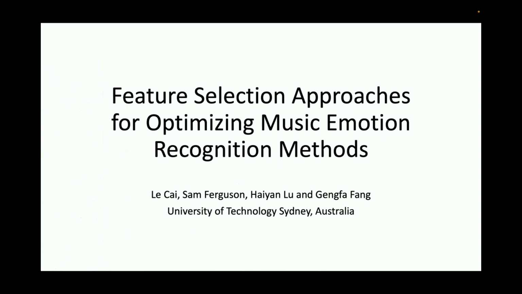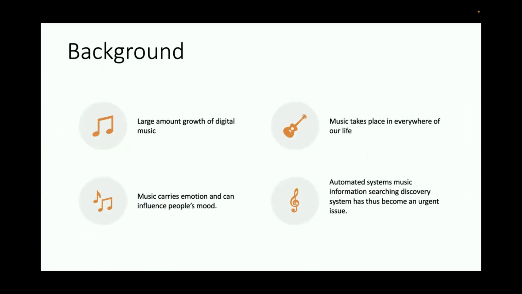Today I'm going to present my topic: a feature selection approach for optimizing music emotion recognition methods. Music takes an important role in our lives. Whether you're shopping, studying, exercising, or even relaxing, you always hear music.